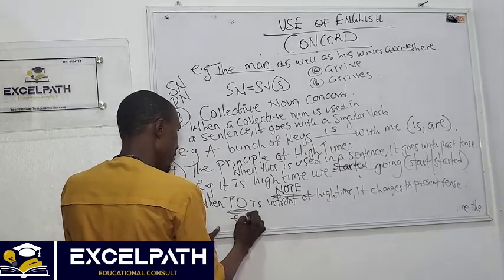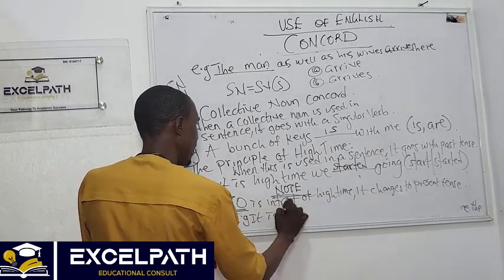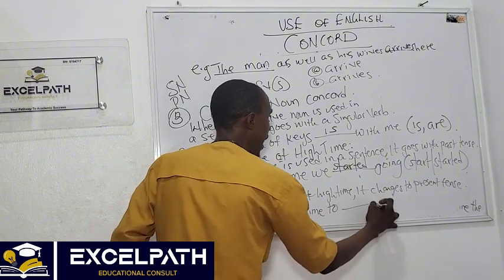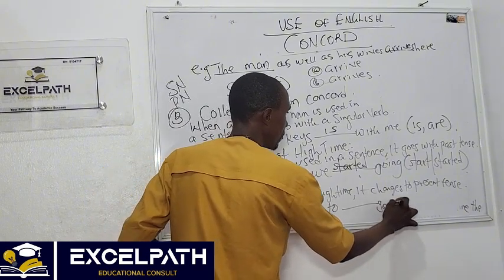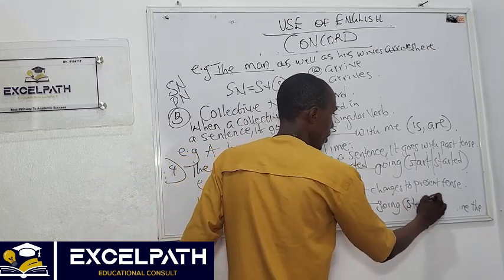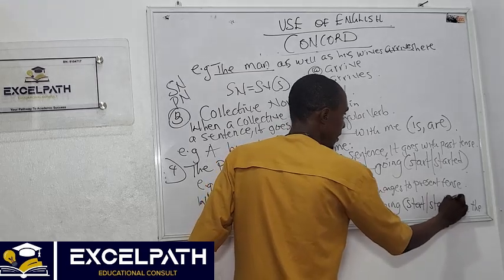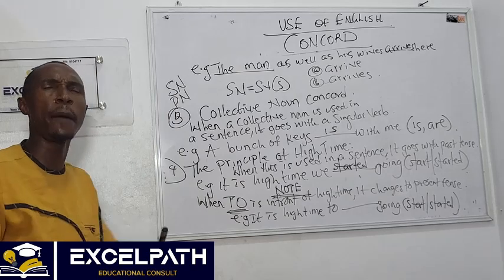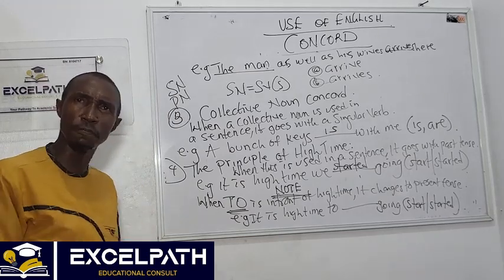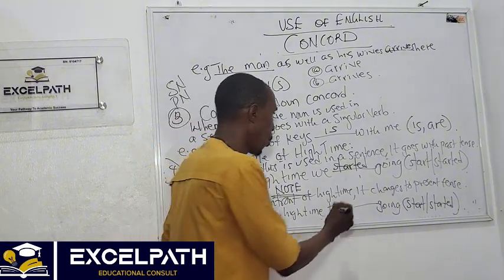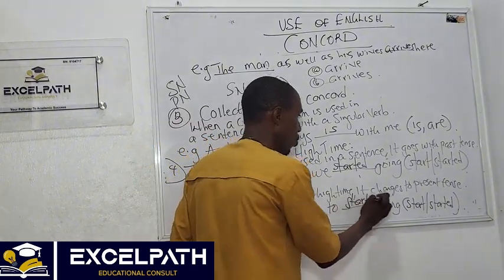So, e.g., if you have something like this, it is high time to dash going. And you have your word start, you have your word started. This now will change to what? Present tense. These are principles. You can't change principles. So it is high time to start going.